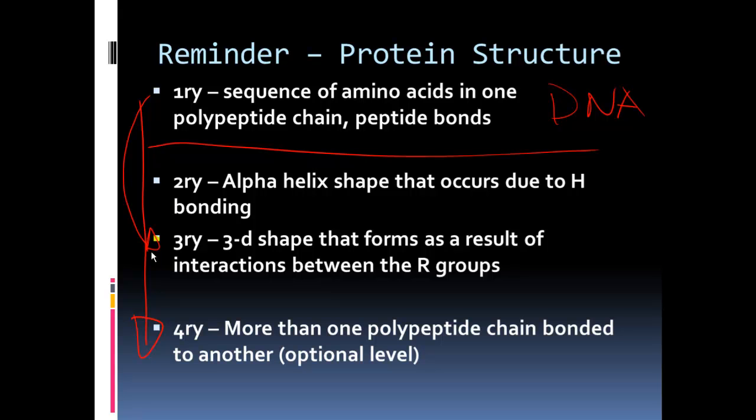So the primary will appear linear. Peptide bonding between the amino acids is what maintains the primary structure. The secondary is when there is interaction between the backbone of the amino acid chain due to H bonding, and it turns into an alpha helix.